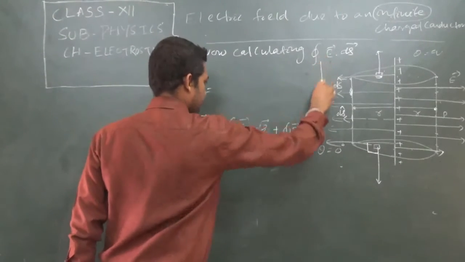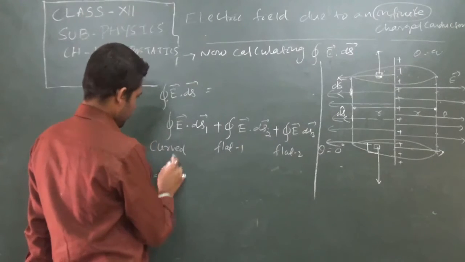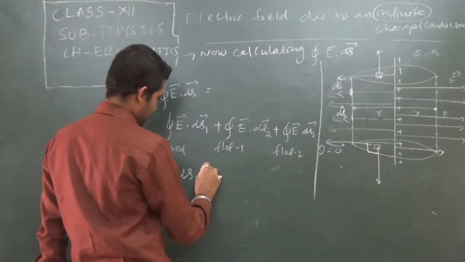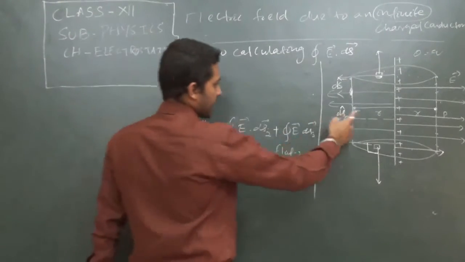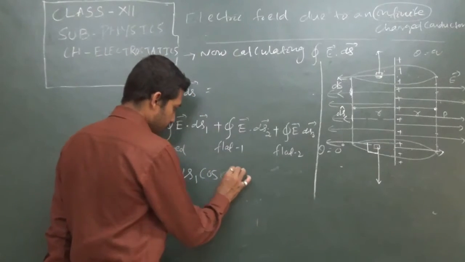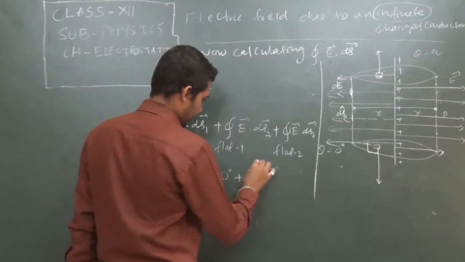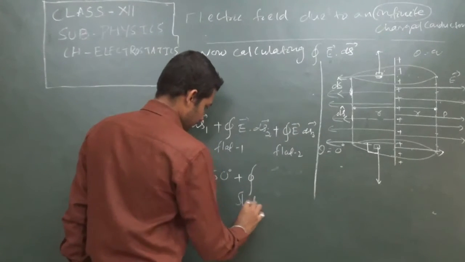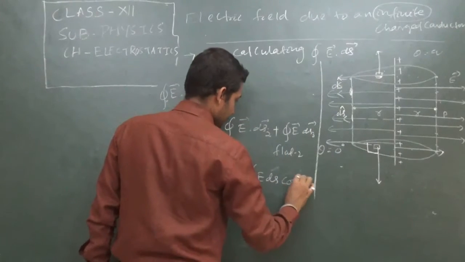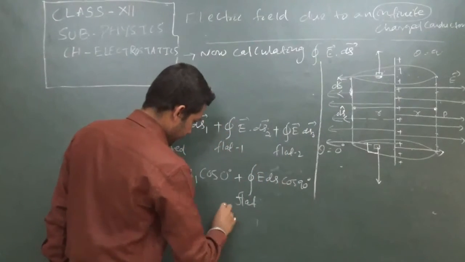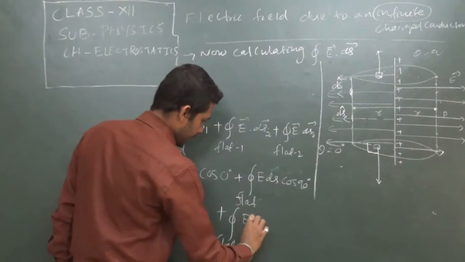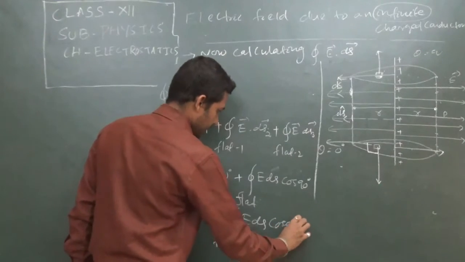If you calculate the value, now see, E ds1 cos theta. In this case, for all the curved surfaces, theta is always 0, so this will be cos 0 degrees, plus flat 1, it will be E ds cos 90, plus integration over flat 2, E ds cos 90.